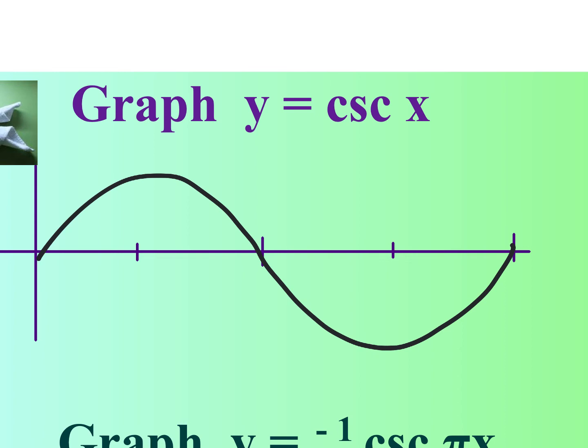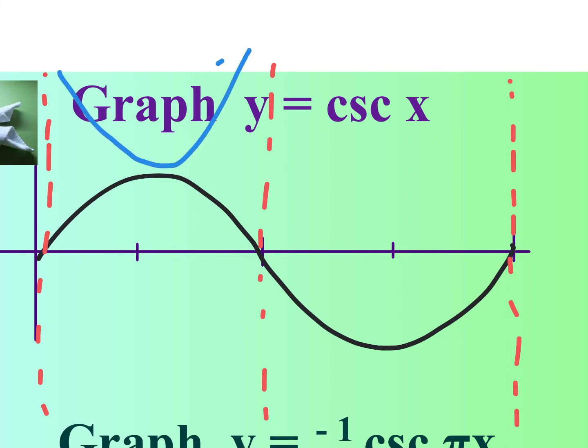Wherever sine hits 0, there's asymptotes. Asymptote, asymptote, asymptote. Because why? Because wherever sine was 0, cosecant is 1 over that. 1 over 0 can't exist. And rides on the back of its sister function.